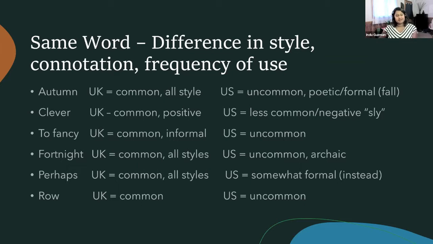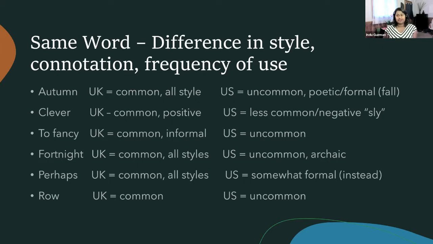Fancy. Would you fancy some tea? Would you like some tea? In the US, fancy is not used that way at all. Fortnight. Again, it's common in all styles in the UK. In the US, it's uncommon and thought of as old-fashioned. Perhaps. In the UK, very common in all styles.